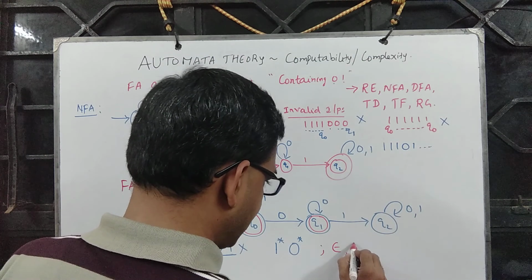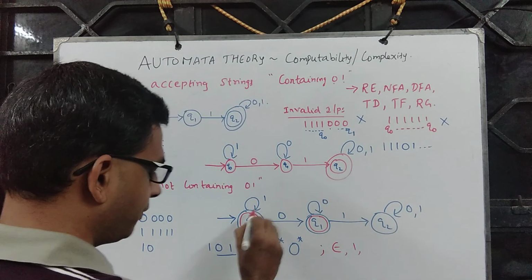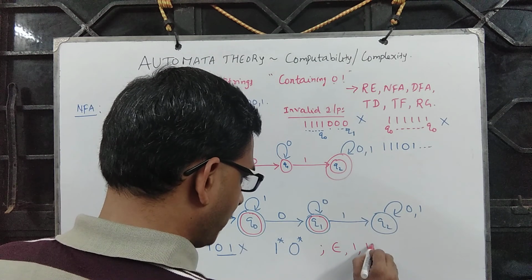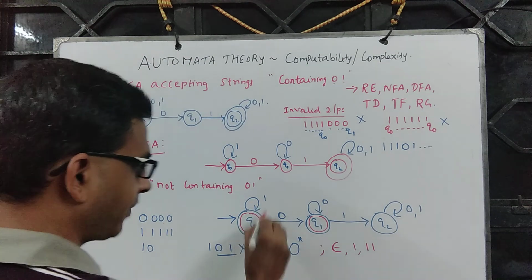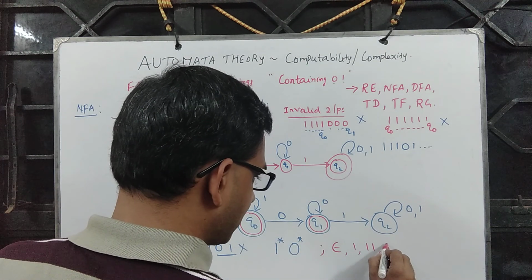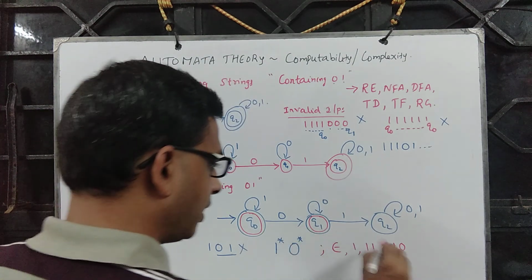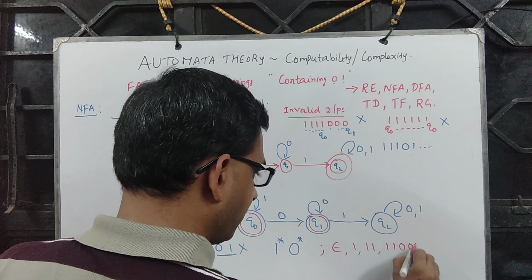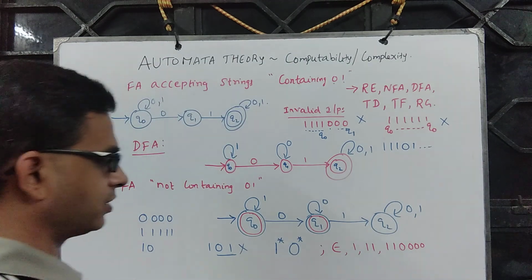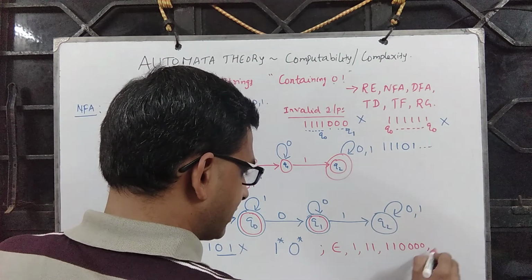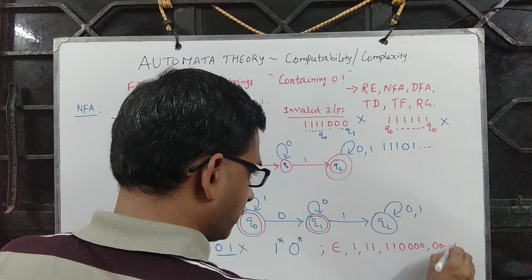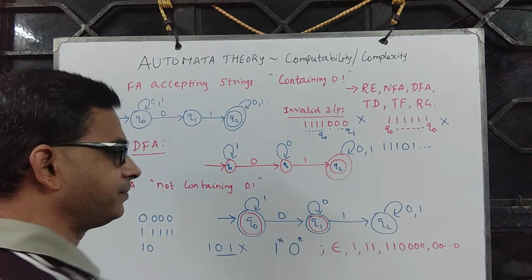Or it accepts just 1. Or it accepts 1 1. Or it accepts 1 1 followed by 0, or it can accept any number of zeros, or it just accepts 0 0 0 0 0 following this.